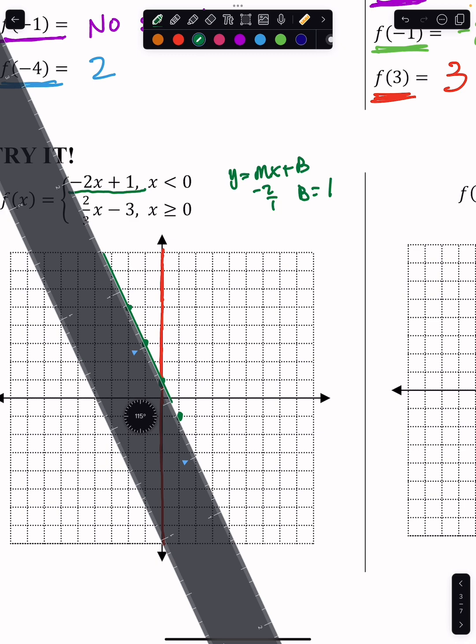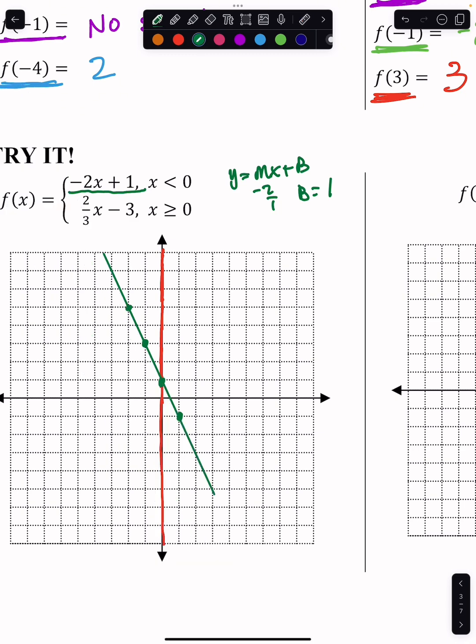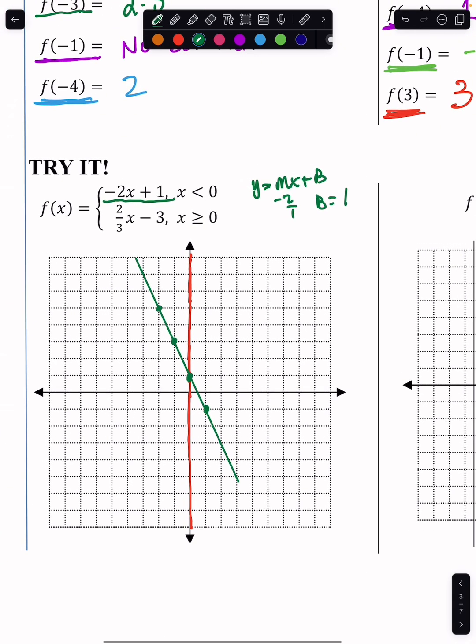Now, according to this, there's a couple things we have to do first. We have to make sure we have the correct part graphed. So we only want a green line that is less than 0. So we want it only on the left of our red line, which means that the other side we no longer need, because that says we only want that line when it's less than 0.